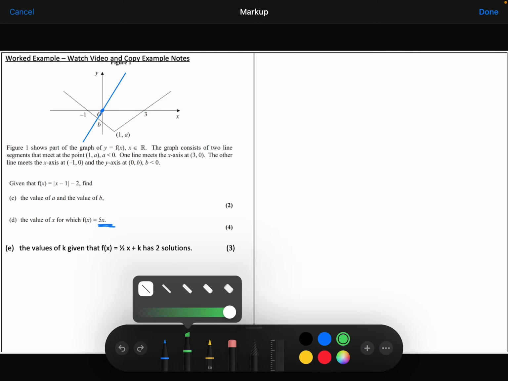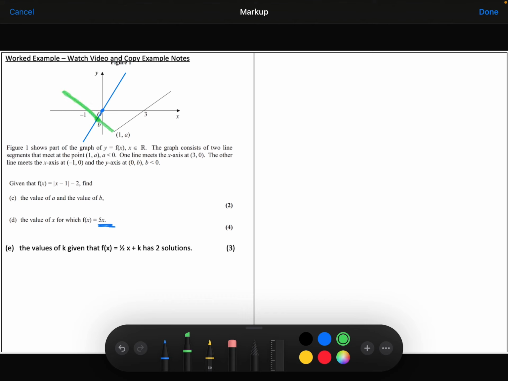That's important because I know that I'm only looking for one solution here. I also know that the solution is on the part of the modulus graph that did get flipped, that did get multiplied by minus 1.